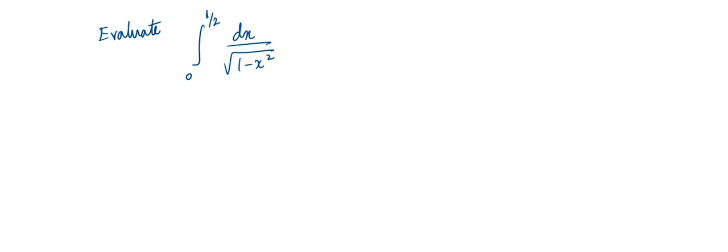Here we are asked to evaluate a definite integral, 0 to half, dx over the square root of 1 minus x squared. Okay, so we have this format resembling the formula which had dx over the square root of a squared minus x squared.